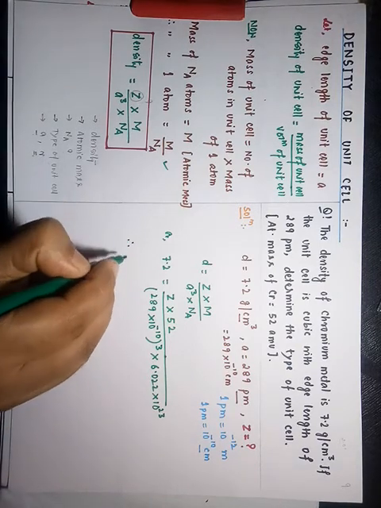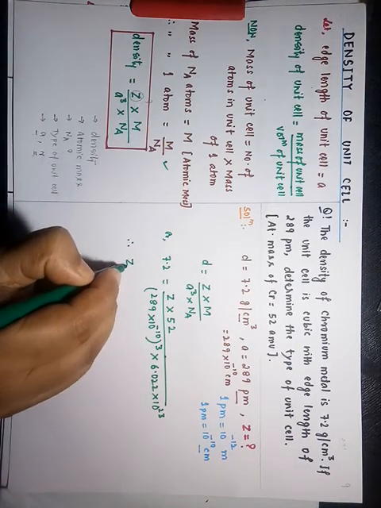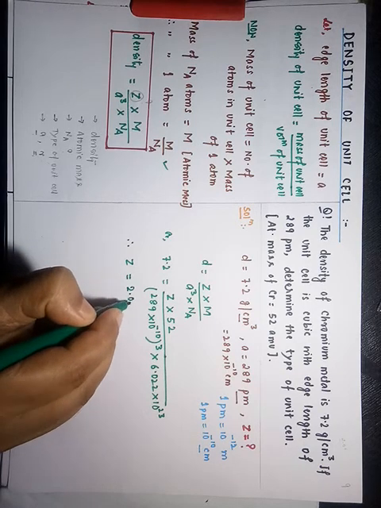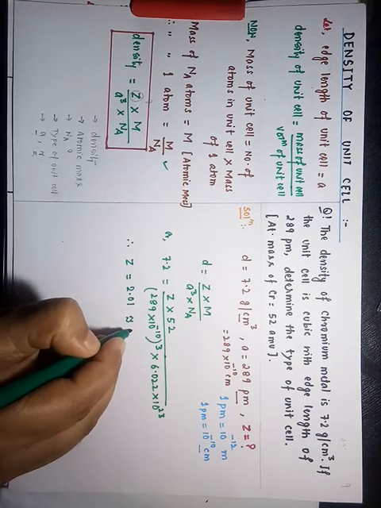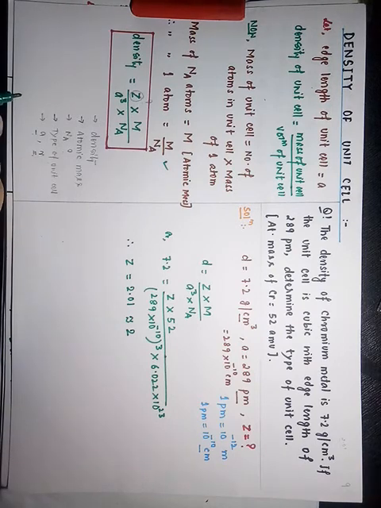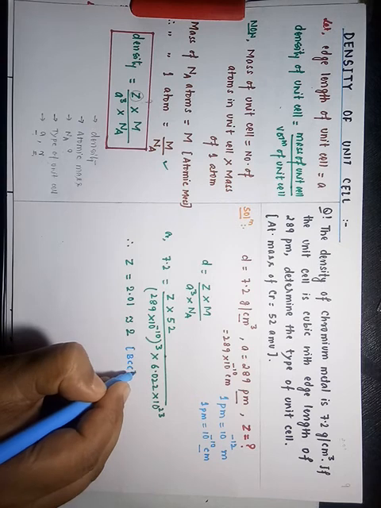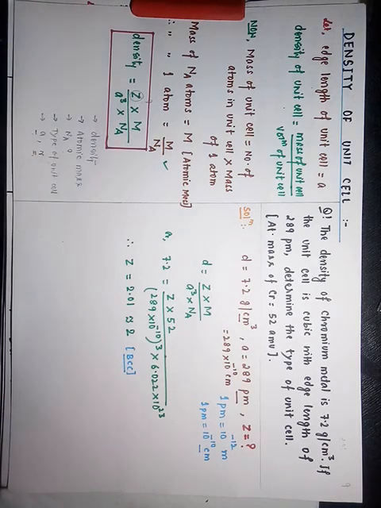Now student, calculate Z. On calculating Z, it will come out to be 2.01, which can be taken as 2. So obviously, student, it's very clear that the type of unit cell here is BCC, because Z is 2 for body centered cubic system.